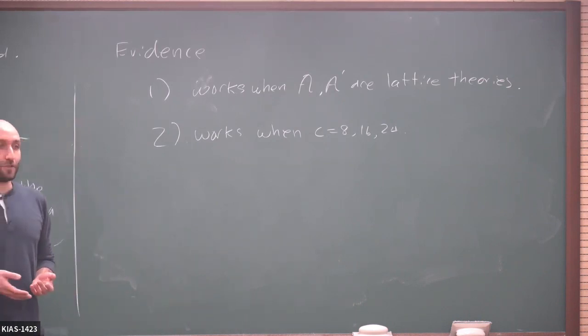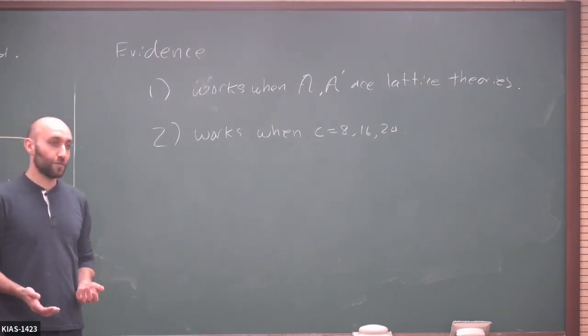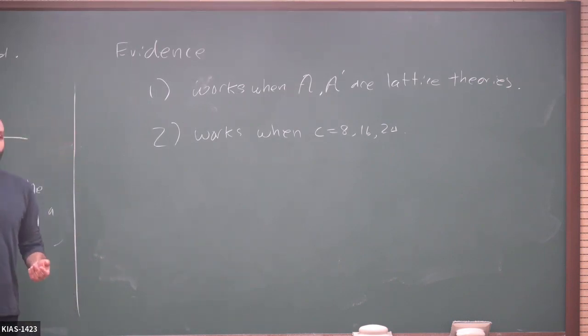Compact does not imply rational. There are irrational but compact theories. For example, c equals 1 free boson theories at an irrational value of the radius. Those are compact theories, but they're irrational. Sigma models into Calabi-Yau target spaces, when the Calabi-Yau is compact, are also compact. So on and so forth.